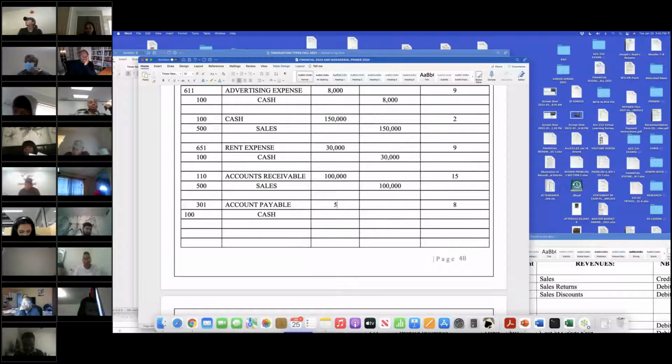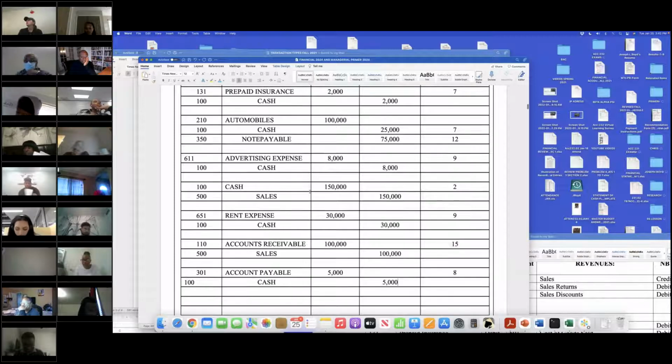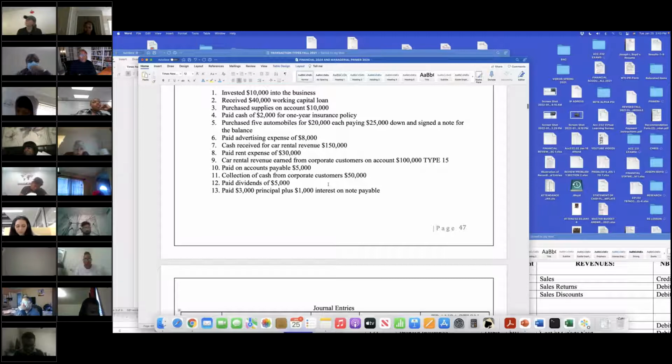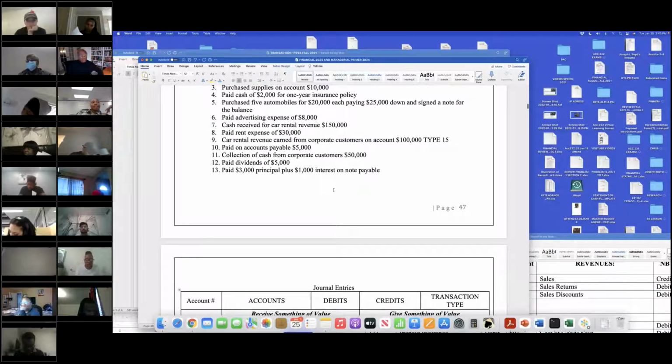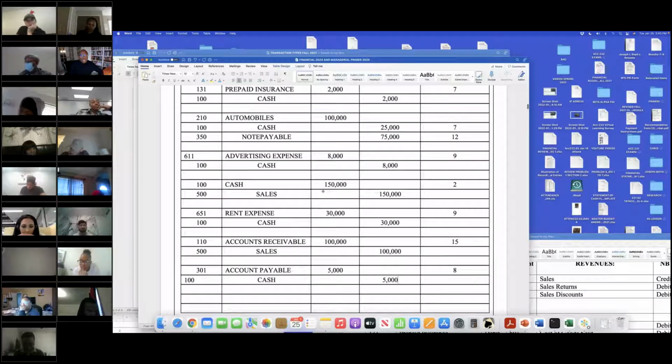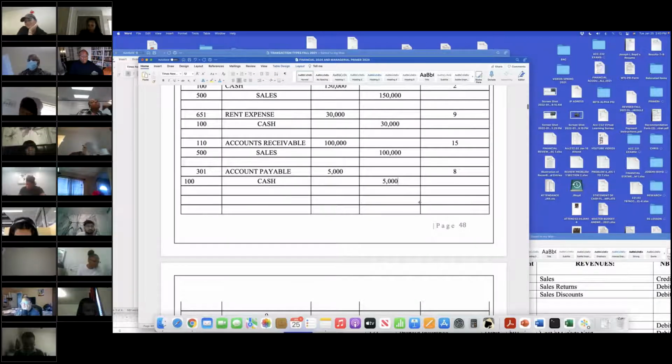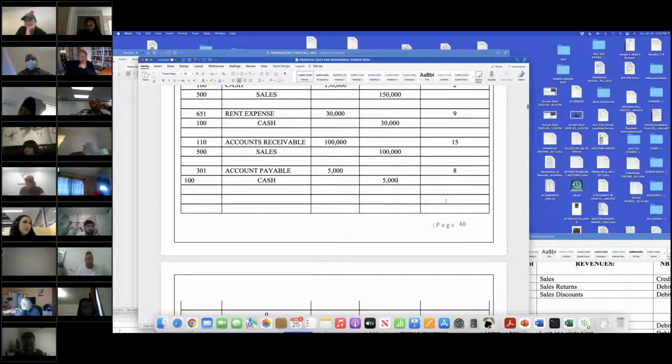So our next journal entry: collection of cash from corporate customers. What's our type? That's going to be a type 3. So what do we debit in a type 3? Cash. What do we credit? Accounts receivable.